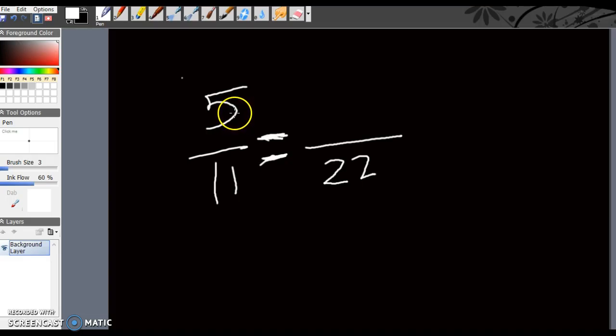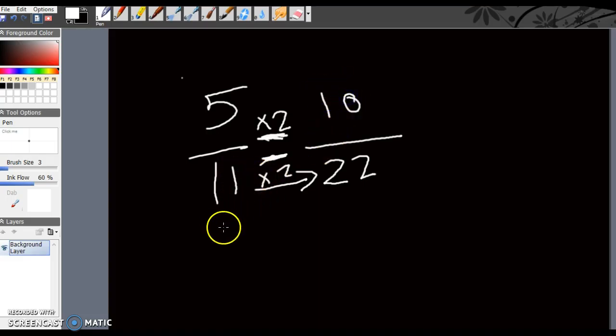So if I took 5/11 and I'm trying to get this denominator of 11 to be a 22, obviously I multiplied times 2. But remember, since we multiplied our denominator times 2, we cannot simply change that number. We are going to have to multiply the numerator as well times 2, and that will bring me to a numerator of 10, so 10/22. Again, remember, 2/2 means I am multiplying times a fraction that's equivalent to 1.